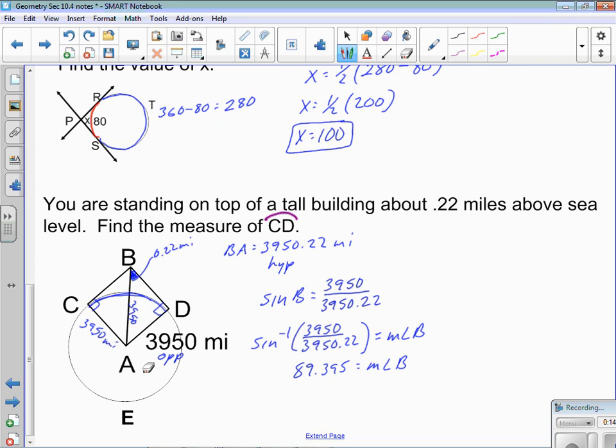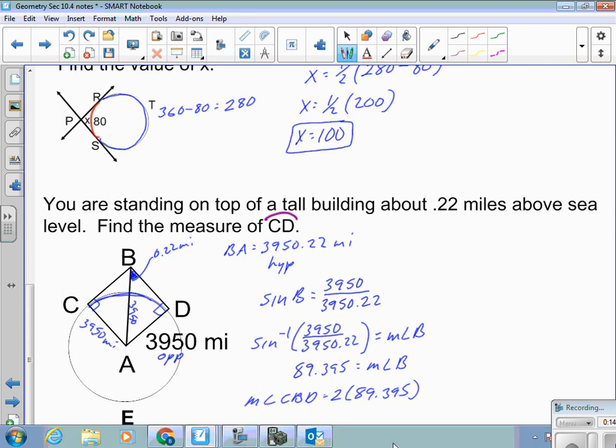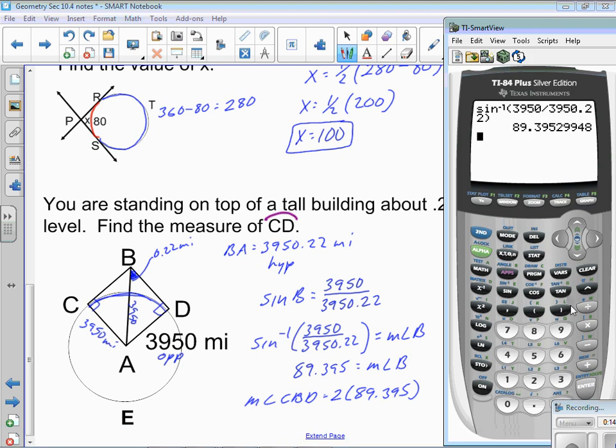So the measure of angle CBD is equal to 2 times 89.395, which gives us 178.79.